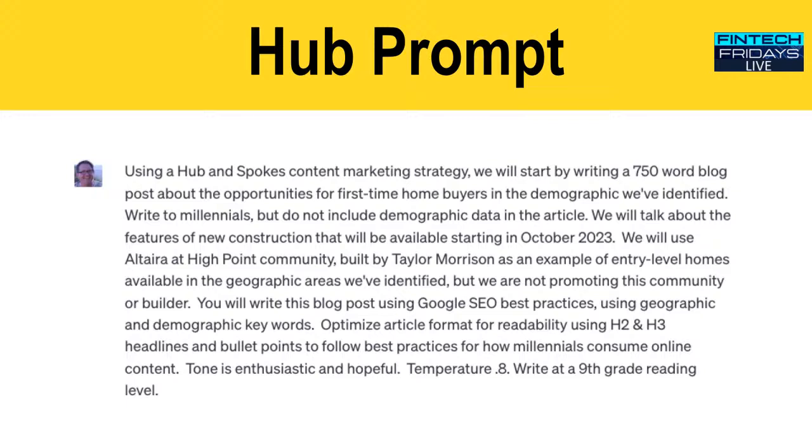I want the tone to be enthusiastic. Temperature 0.8. Temperature is a setting you give these AI engines that tells them how much creative license you want to give them.